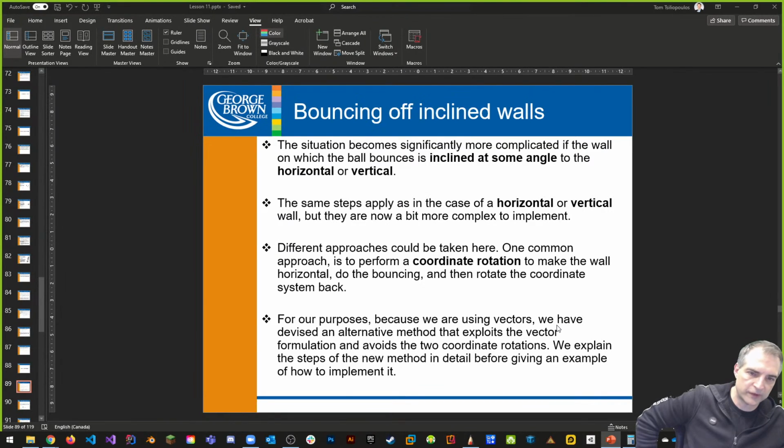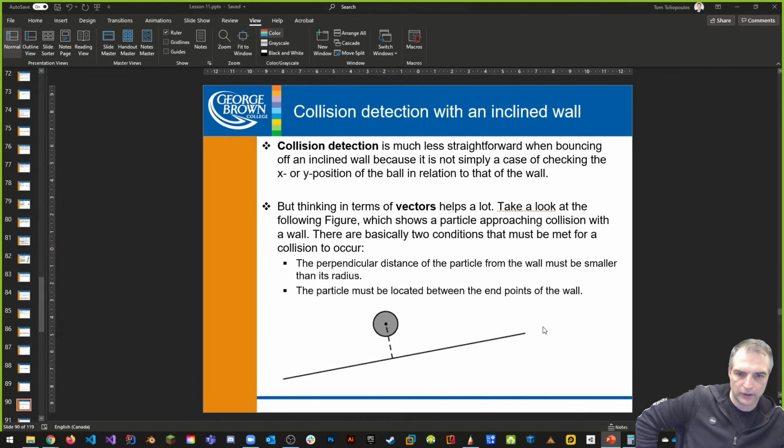So this presents a bit of a challenge, but what we can do is perform something called coordinate rotation, where we adjust for the coordinate space of the incline. An example would be, if this is the incline and the ball hits it at a normal, it's going to bounce back the other way across its normal, whatever the normal is.